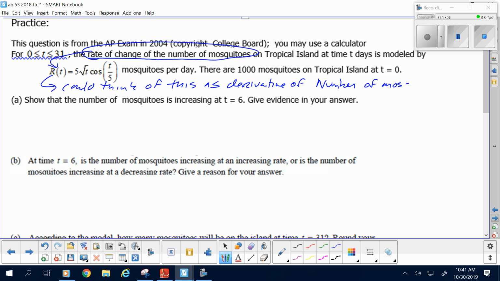If it's a rate of change, then it would be logically, oh, so R is the same as n prime, or change in mosquitoes with time. You follow? So, in order to do all this, we'll need this in our calculator. So would you put this function in your calculator and change your window to 0 to 31, please?